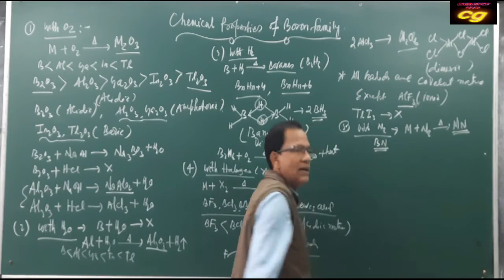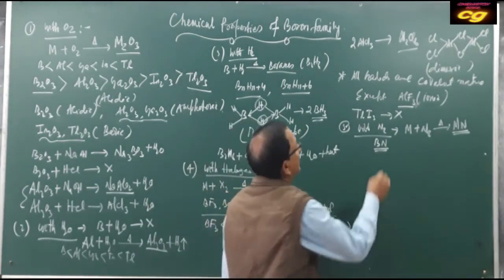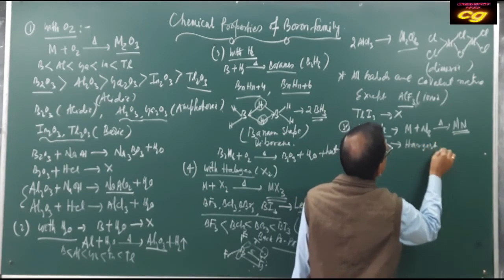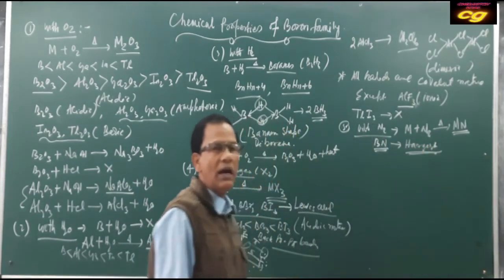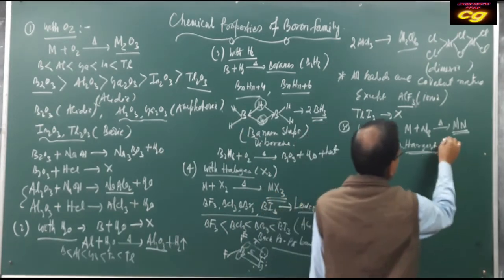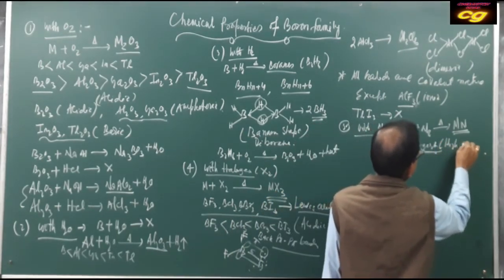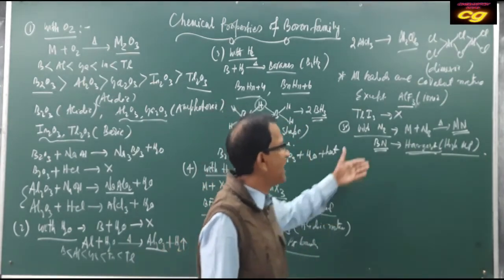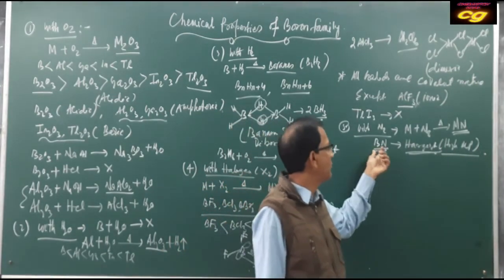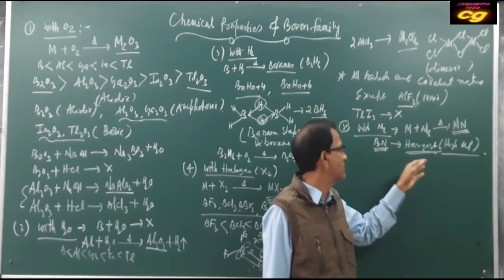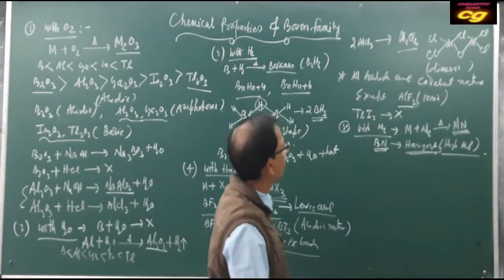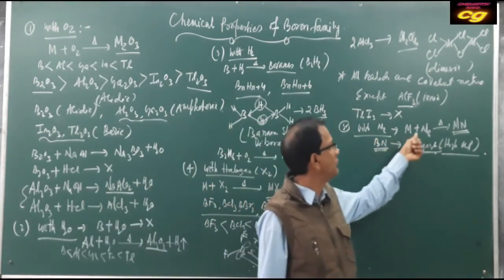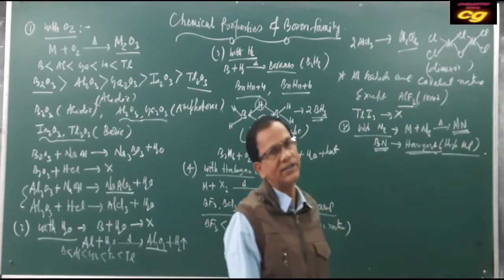Boron nitride is very strong, very hard, and has a very high melting point. Just like diamond, boron nitride is a very hard substance. So the boron family, when heated with nitrogen, forms nitrides.